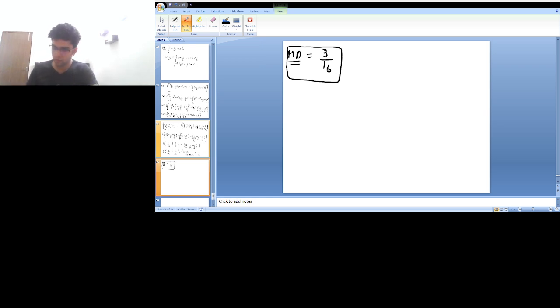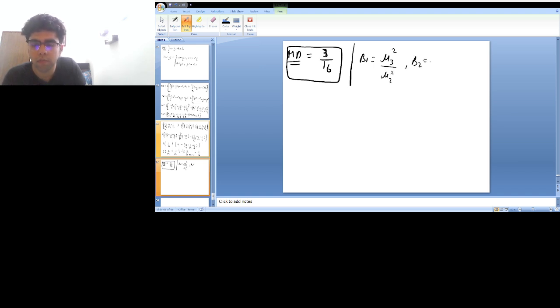Let me check if what I've done is correct. Yes, my mean deviation is 3 upon 16. Now I need to find beta 1 and beta 2. The formula for beta 1 was mu 3, the third moment with respect to the mean, the whole square of that, upon mu 2 cube, and beta 2 was mu 4 upon mu 2 whole square. I need to check the formula.